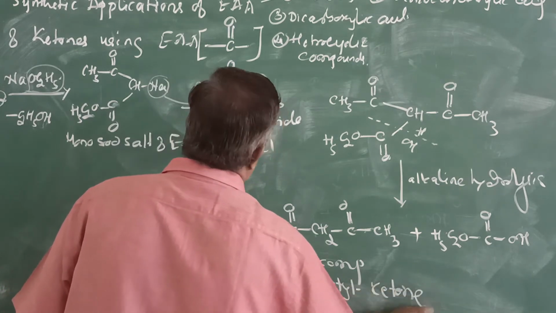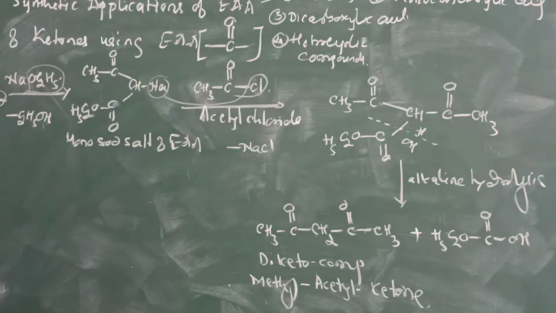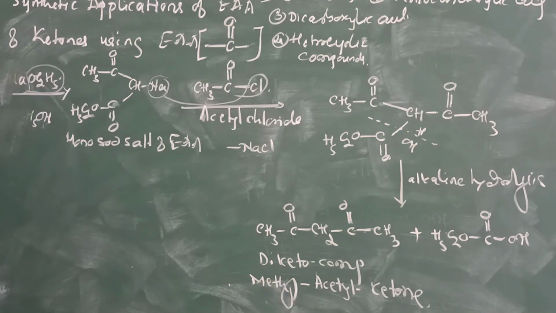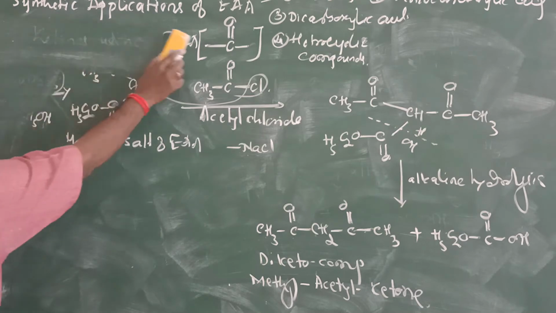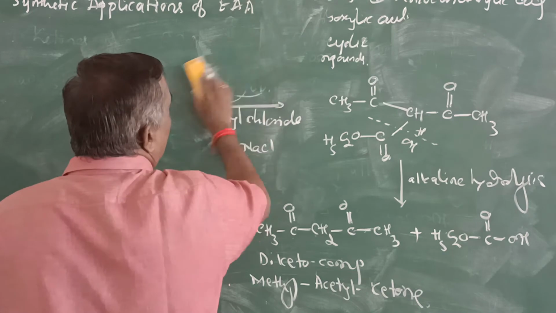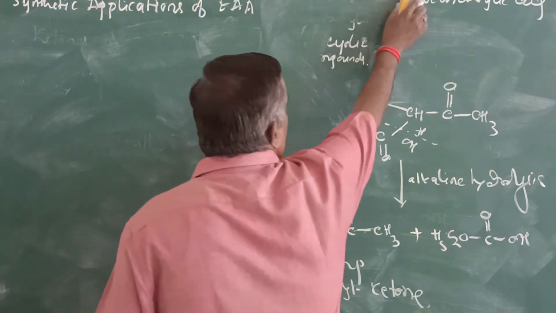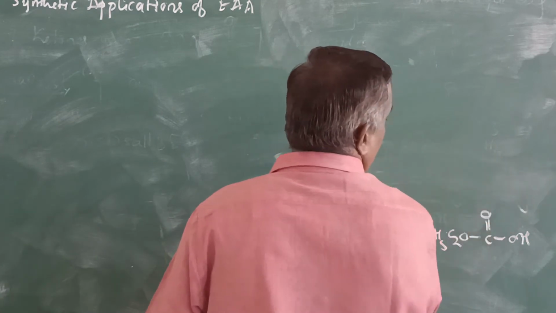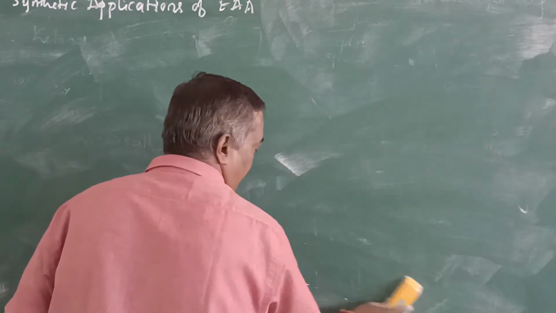You can see how EAA can be converted into the corresponding simple ketones. These are the two conversions out of which either can be asked in the examination in a simple way. The question will be: how do you convert ethyl acetoacetate into ketones?